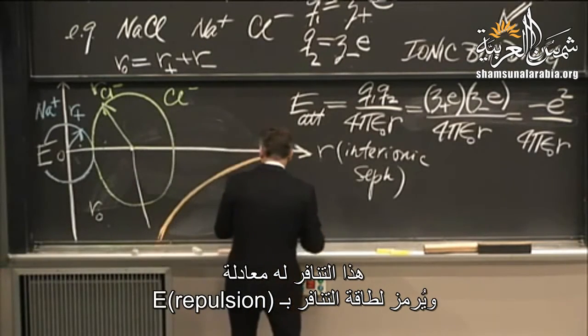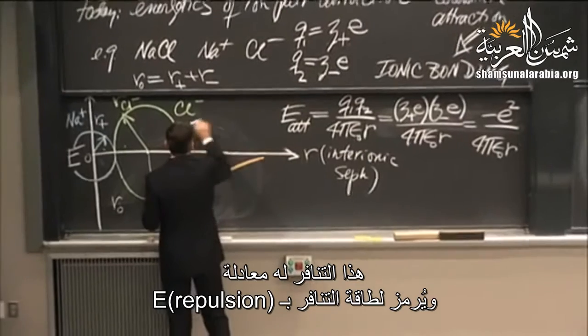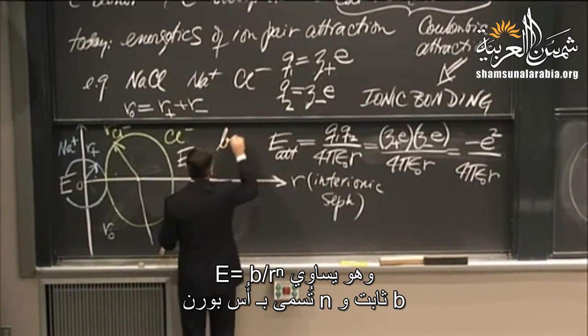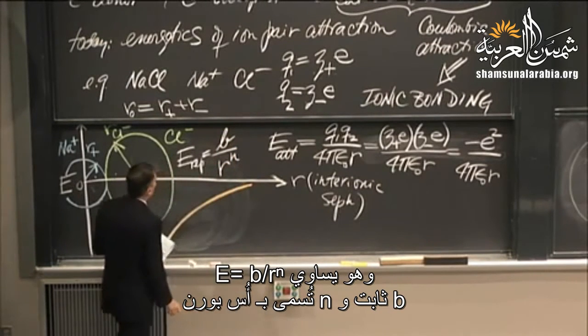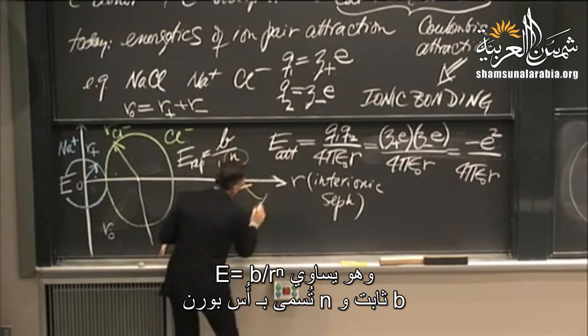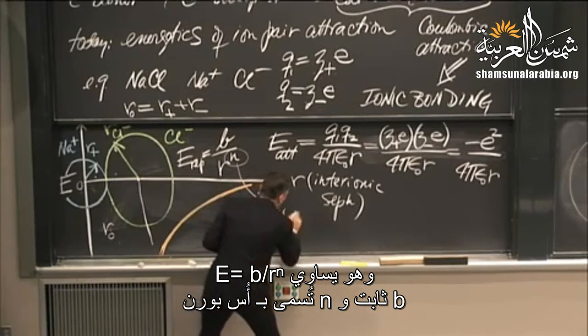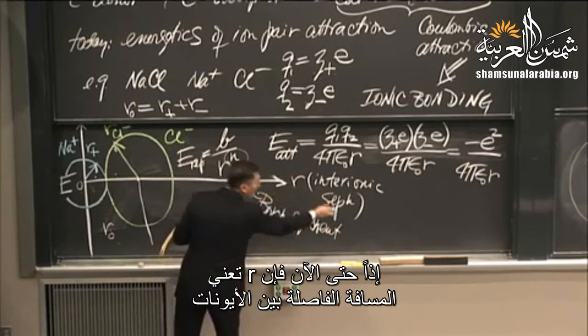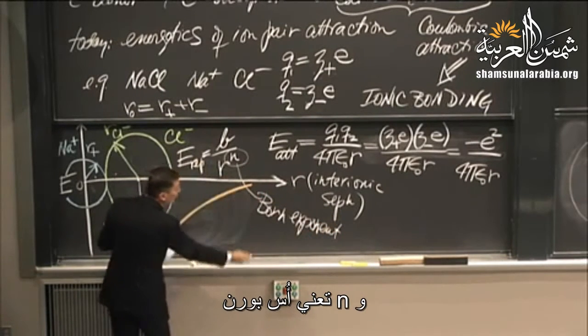And we've got an equation for that, and that's given by E repulsion is equal to some constant B over R to the n. And this n is called the Born exponent. Born exponent. It's not the quantum number. So R today means interionic separation. N means Born exponent.